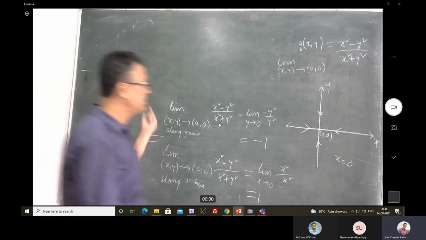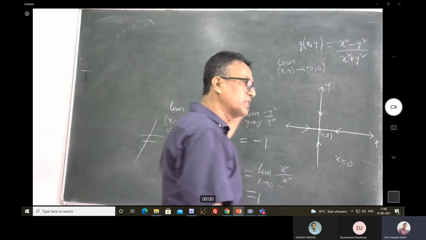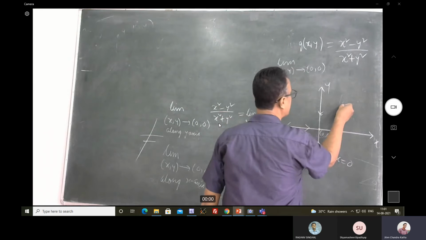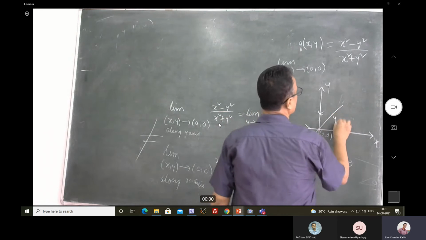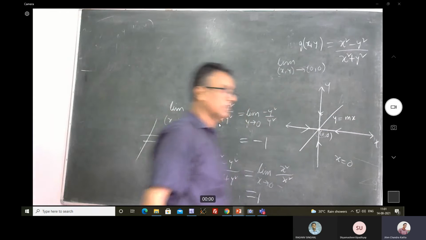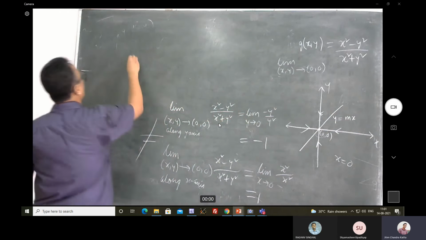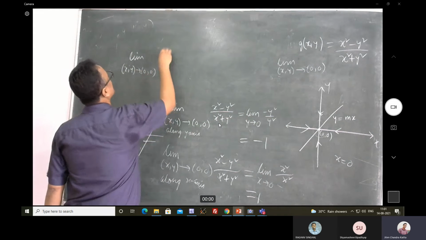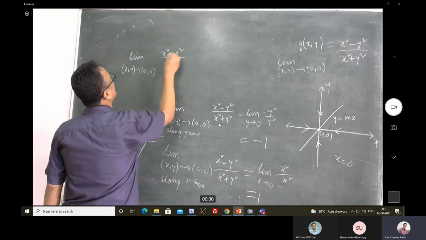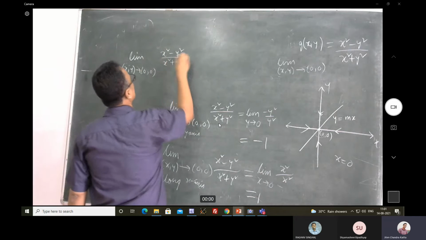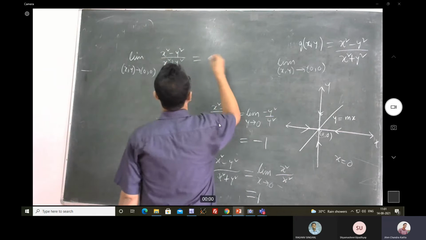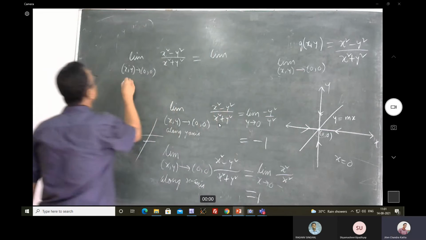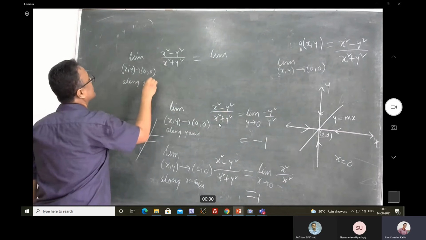Is it okay? See, it is not necessarily like that you have to do this exercise only like this. You could have taken, say, a straight line passing through the origin, so it will be y equal to mx, isn't it? Then I could have taken the limit as (x,y) tends to (0,0) of (x squared minus y squared) over (x squared plus y squared), along y equal to mx.